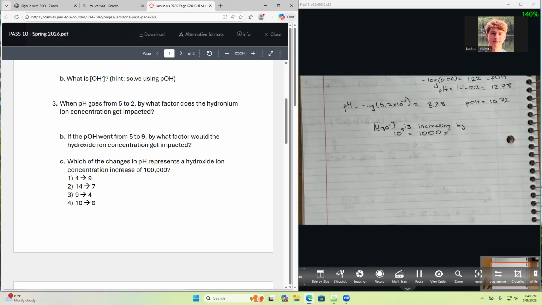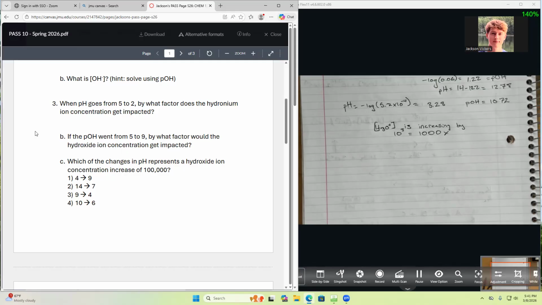If we're going from 5 to 9 on the pOH scale, that's the same as saying we're going from 9 to 5 on the pH scale, and that makes more sense to me.